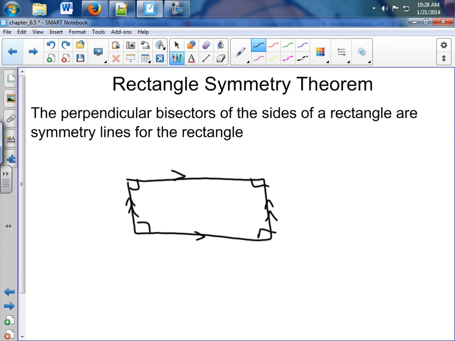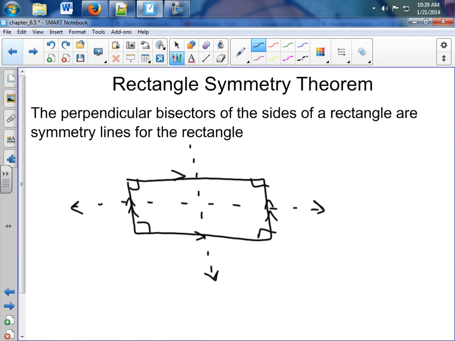So here we go. The perpendicular bisectors of the sides of the rectangle. How many lines of symmetry does a rectangle have? How many ways can you fold it so it completely folds on top of itself? Twice. Okay? Because you can fold it this way, and you can fold it this way. Any questions?